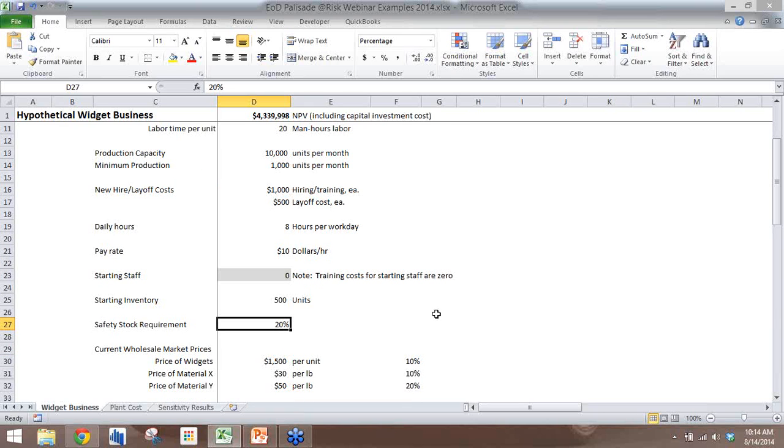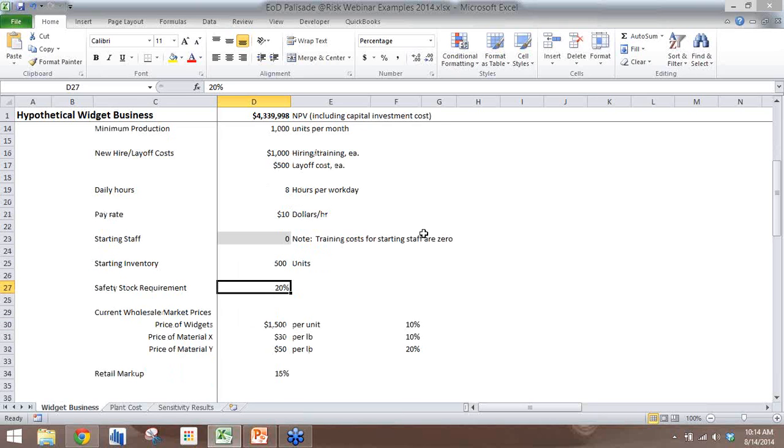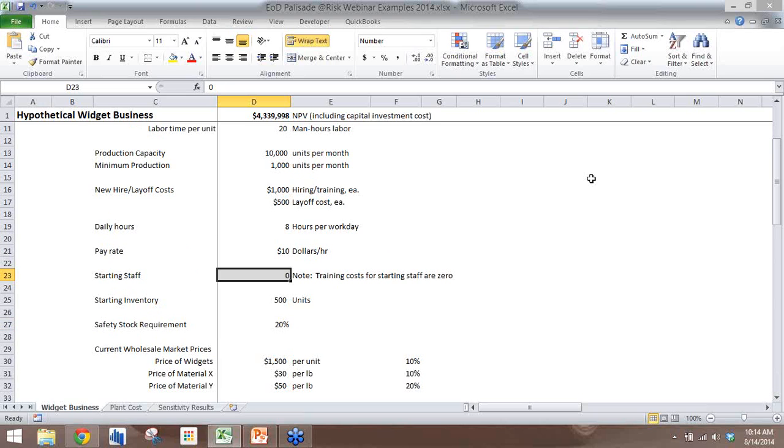It's the safety stock requirement for the manufacturing business. We've also assumed that we initially have 0 starting staff, and we'll cover this more in depth when we talk about optimization, because this is the input we've chosen to optimize against when we get into that section of the model.